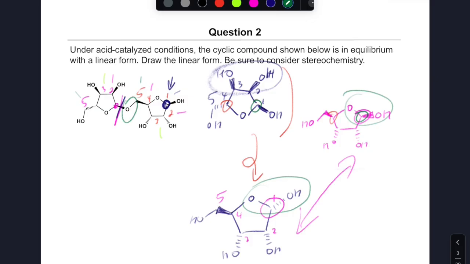The hemiacetal, just generically again, if I show you what this might look like in a more simplified form, the hemiacetal with proton and water will hydrolyze back to the alcohol fragment.